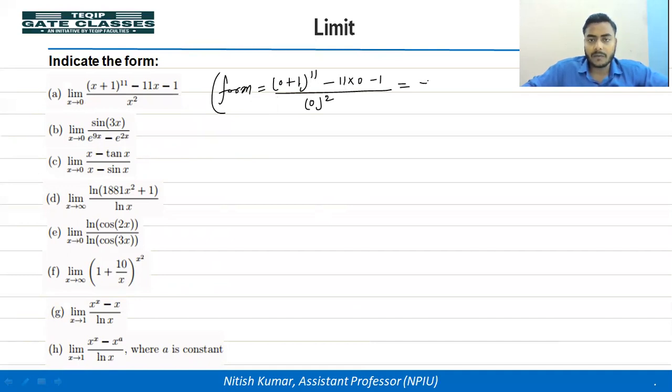So we are getting minus 11 divided by 0. So 0 square, minus or plus, it will be 0 plus. We know what that is. If it is determinate we can write it. So it will be minus infinity because here it is minus.